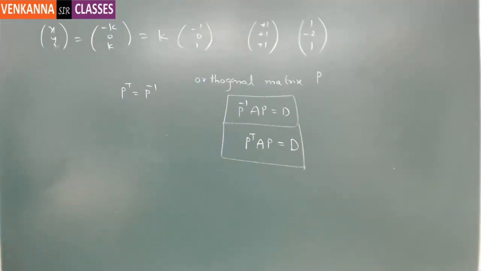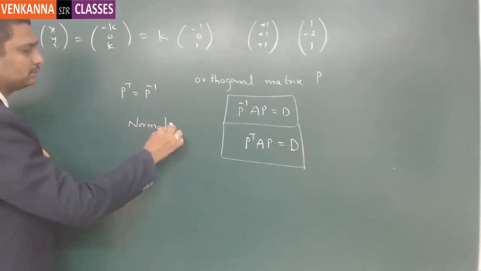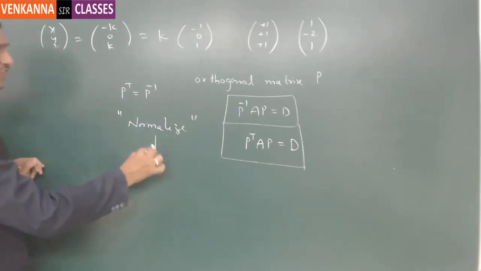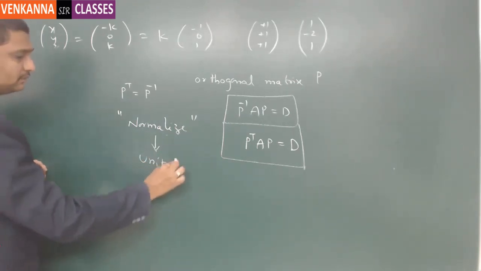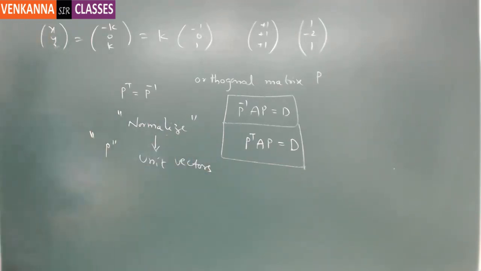Now, how to find P? Since we have an orthogonal matrix, we are going to normalize the above vectors. What is meant by normalization? We are simply taking the unit vectors in the matrix P. You are going to write a 3 by 3 matrix P where the columns are the unit vectors, which are mutually perpendicular.